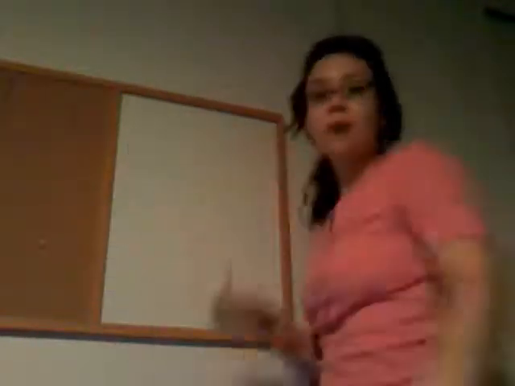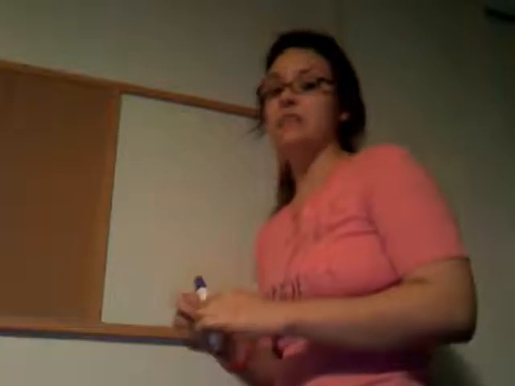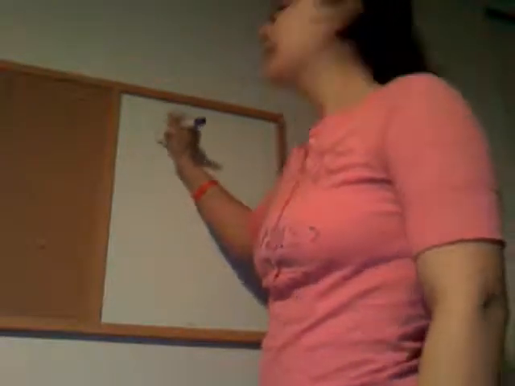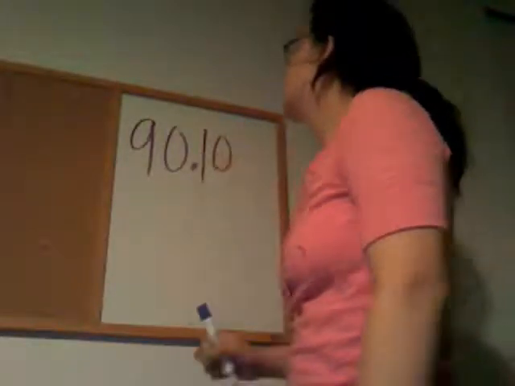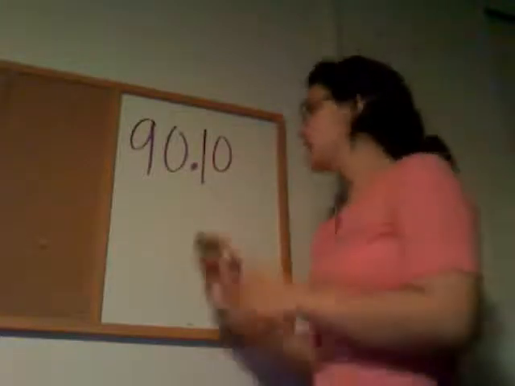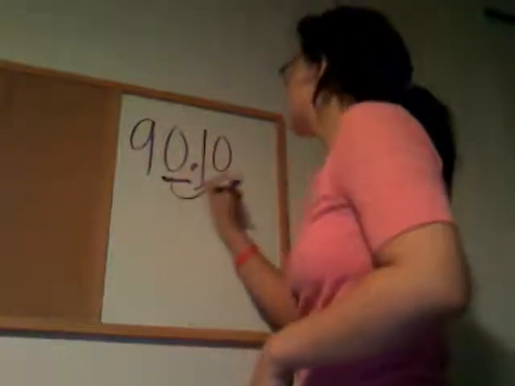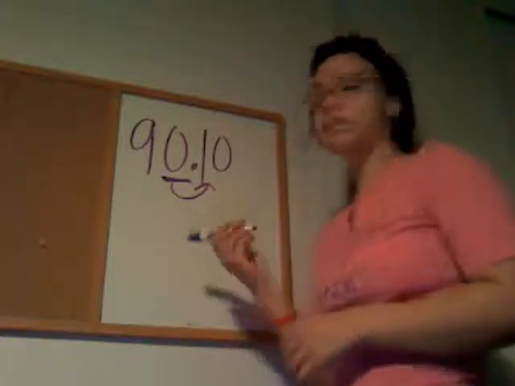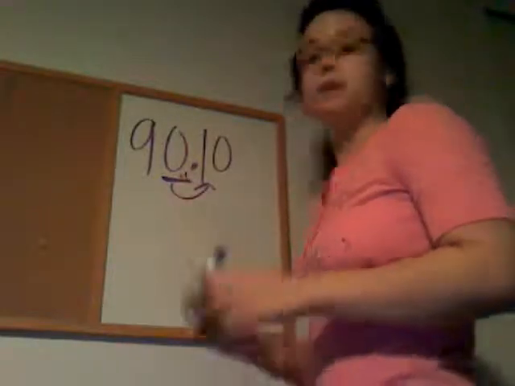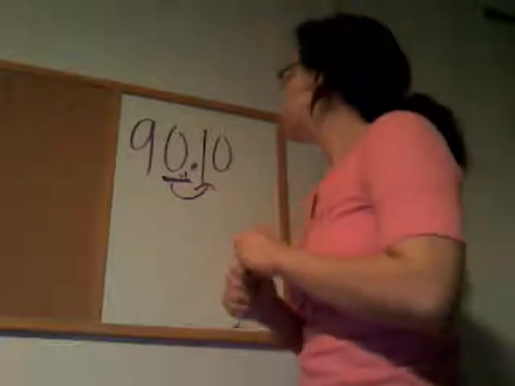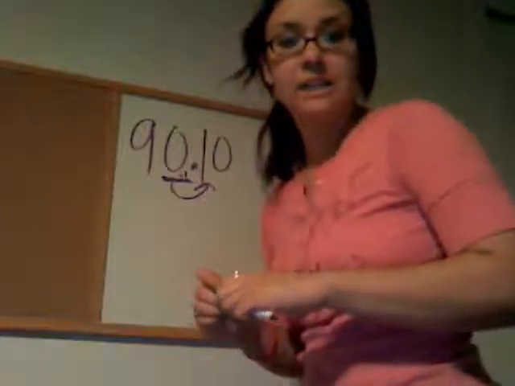So let's do one more example of these whole numbers, and then we can move on to rounding to the nearest tenth, just trying a different place value, but the same concept. So this one is going to be rounding to the nearest whole number, still the same type. So let's look at it. 90.10. Okay, we've got 90.10 here. We're still looking at the same. We look to the number to the right of it. It's less than 5, so we just go up 1 here, let me see, hold on. 90.